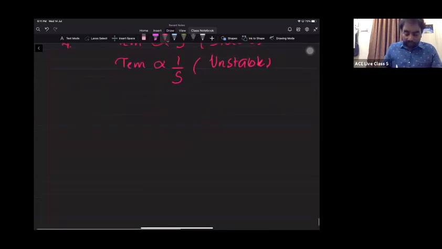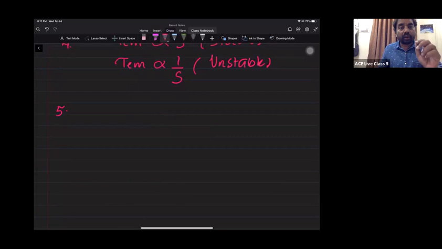Right. Then a very important point, the fifth point. You know that in an induction motor, the electromagnetic torque is due to the interaction of the stator and rotor magnetic fields. But for a stable operation, the motor torque should always be equal to the load torque. What do you mean by that?